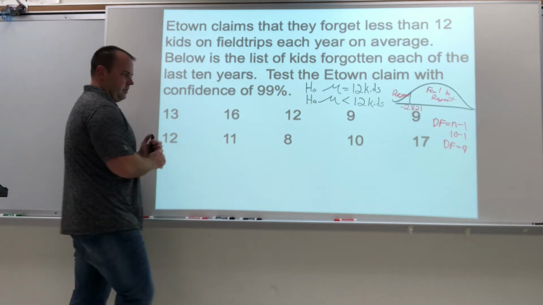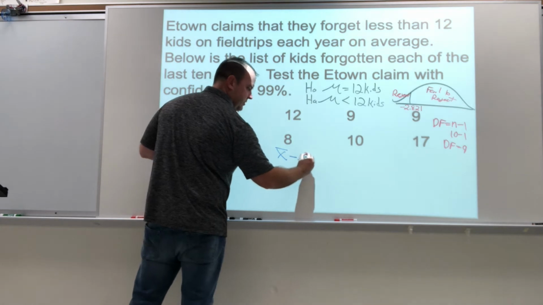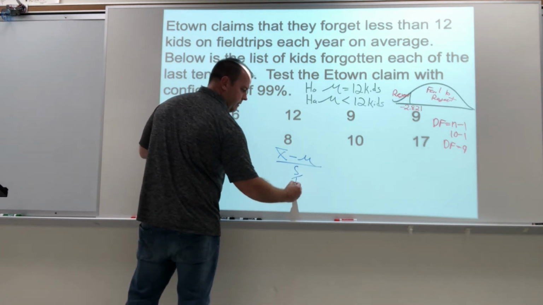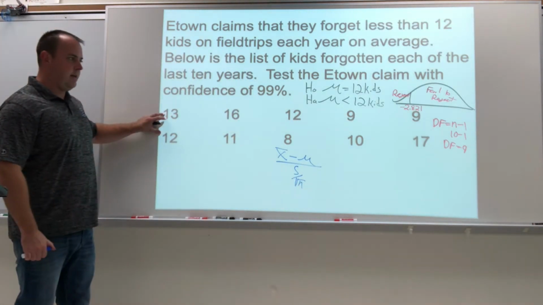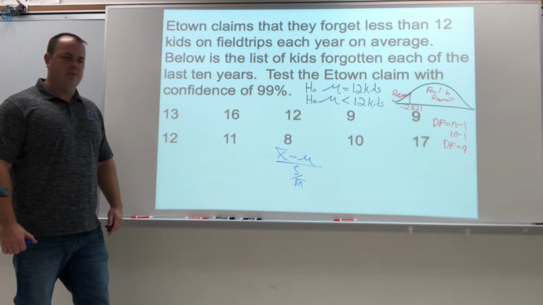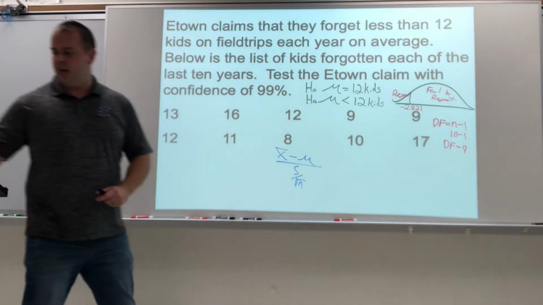Our test statistic is sample average minus mu divided by standard deviation divided by square root of n. Now since it's giving us a data set, I would want to plug this in my calculator and use one variable statistics to get our sample average, sample standard deviation, and our sample size.